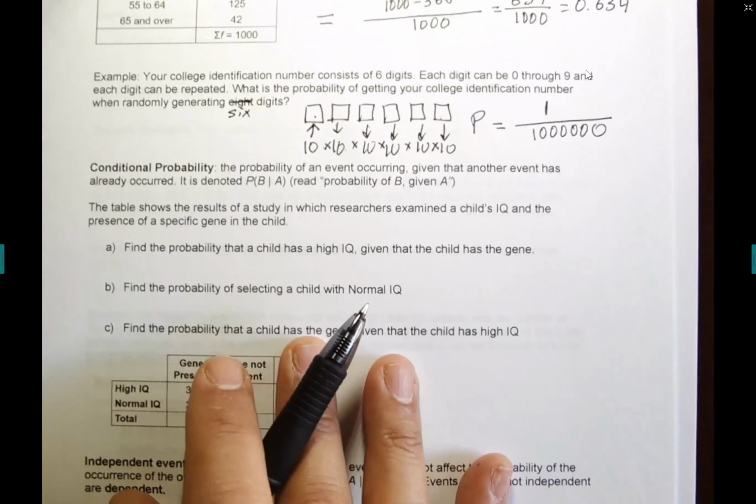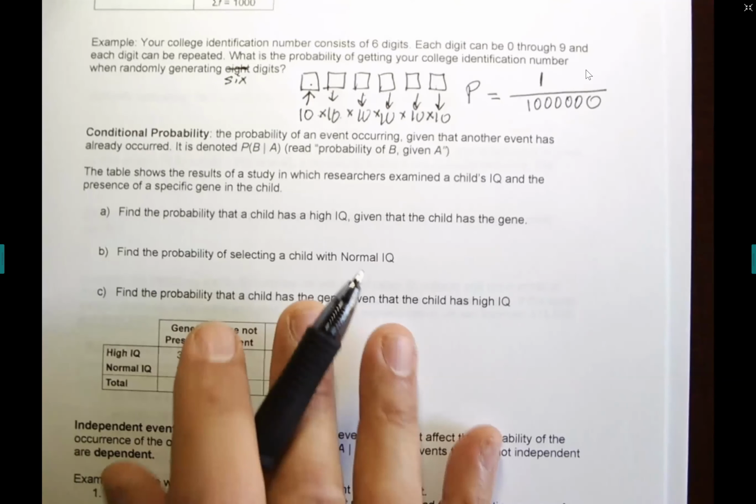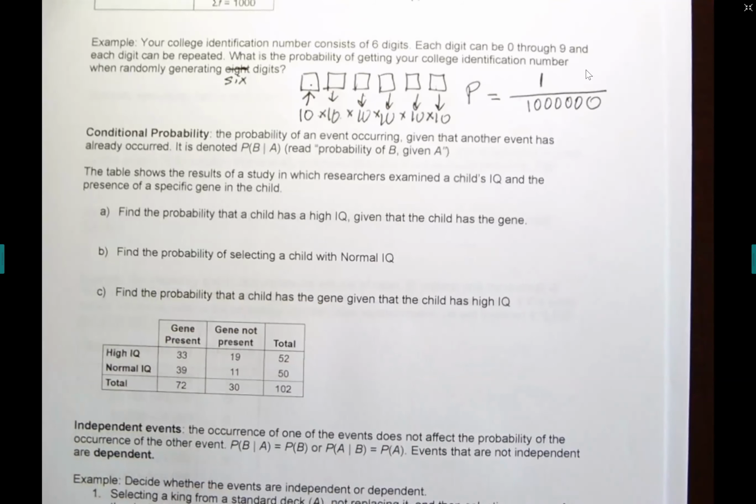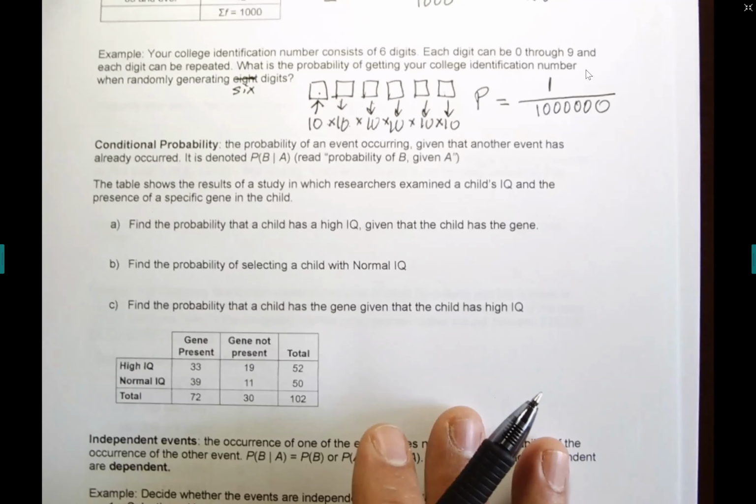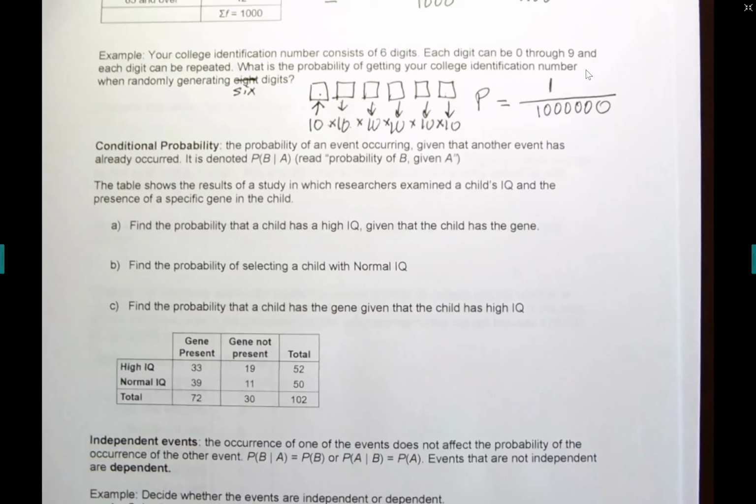All right, next. Conditional probability. It is the probability of an event occurring given that another event has already occurred. That's what a conditional probability is.